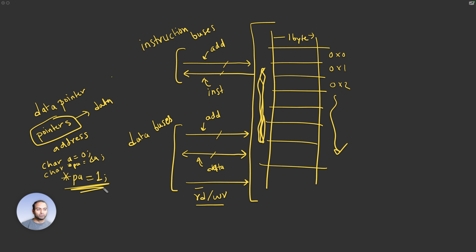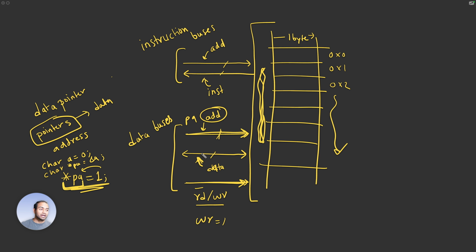So when we do star pa equals 1, we are attempting a write to the contents of the address held by pa. So that will go out as, okay, hold the write value to be 1, and what will happen then is the number that pa is holding will be put on the data address bus.